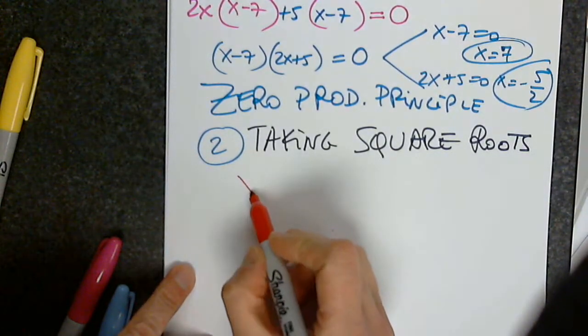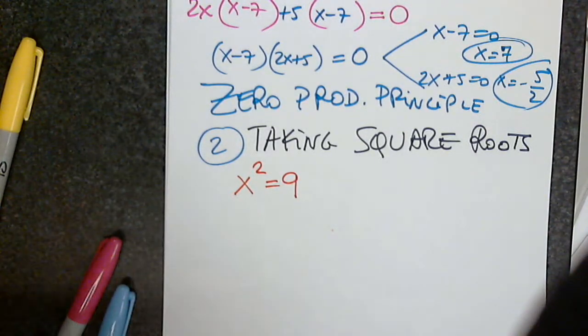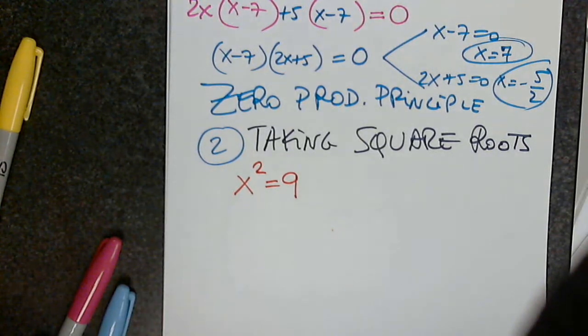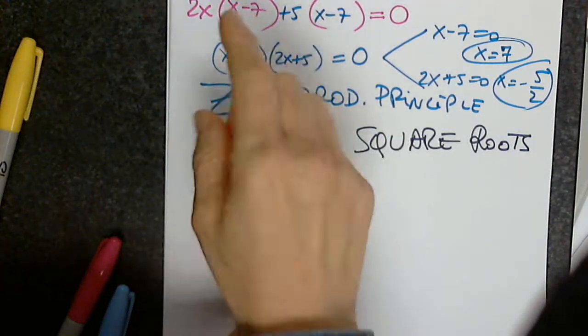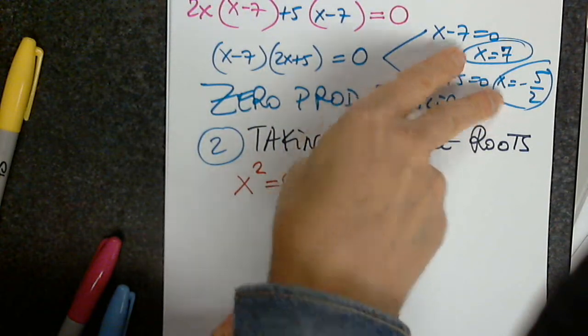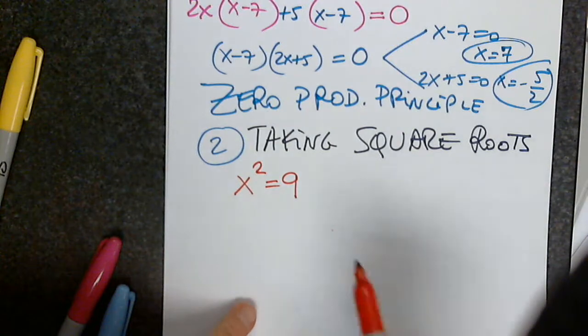Let's say I have x squared equals 9. A quadratic equation has how many solutions? Absolutely. Degree 2, 2 solutions. Degree 3, 3 solutions, degree 4, and so on and so forth. Perfect. Like here, we had an equation that was quadratic. We got 2 solutions. Okay, so assuming I want to factor, I have no problem.